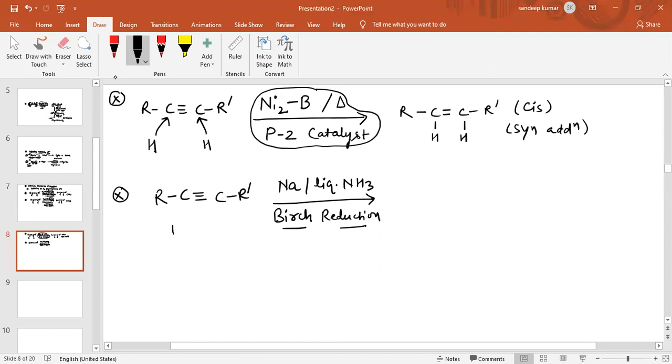But in this case, there is addition of hydrogen from the opposite side of the plane. If one hydrogen atom comes from this plane, then another hydrogen atom will come from the opposite plane.